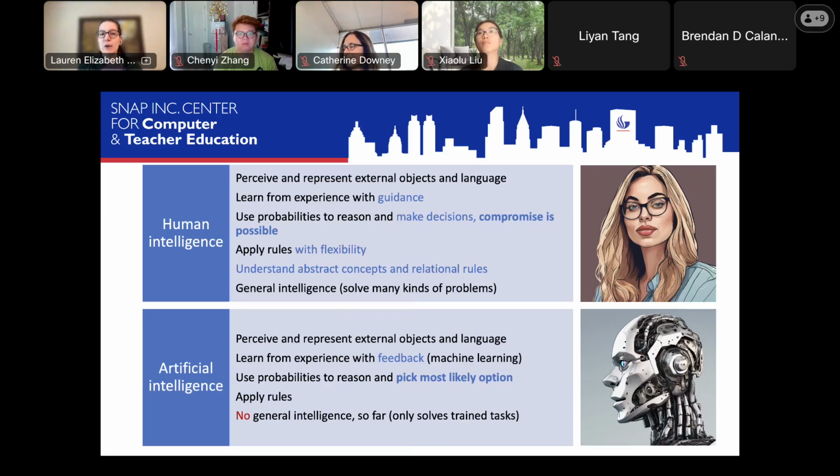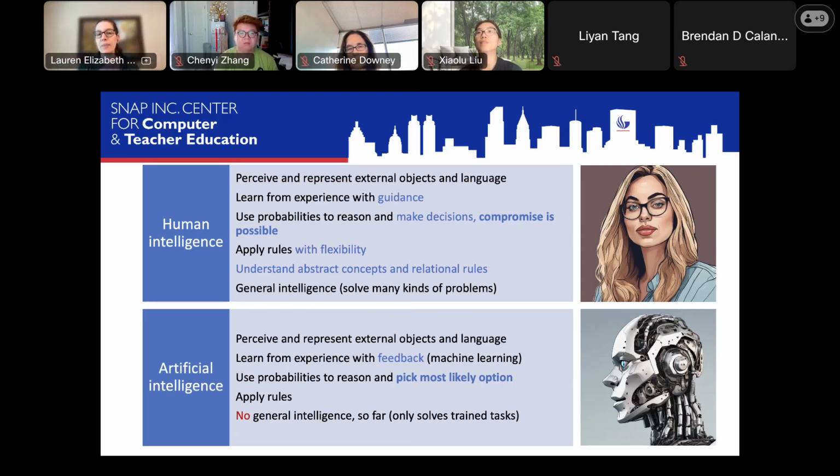Like we talked about, humans understand abstract concepts and relational rules. So we have understanding. We're not just using a probability model to navigate the choice between different options. We have an understanding, and that informs how we reason and think about things.